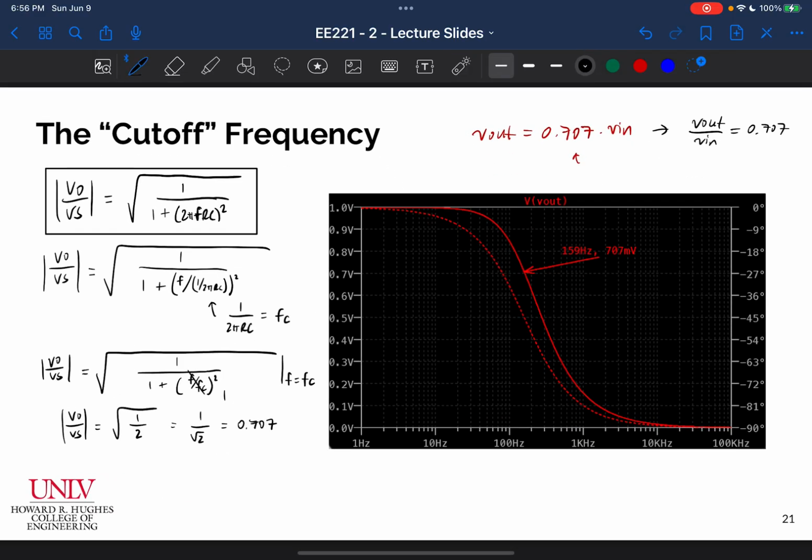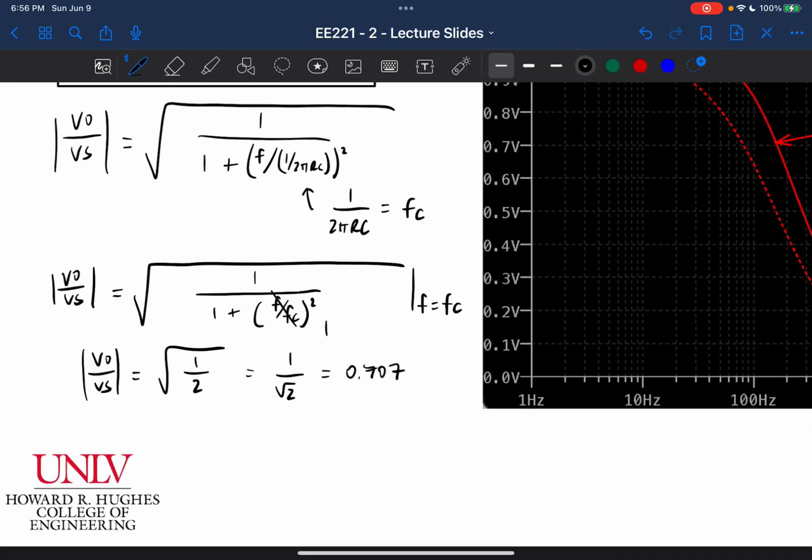Let's do a sanity check to make sure that's the case. fc is equal to 1 over 2 pi times 1K times 10 to the minus 6. This is my kilo ohm resistor, and this is my 1 microfarad capacitor. Let me pass that into my calculator: 1 over 2 pi times 10 to the 3 times 10 to the minus 6, and I get 159 hertz.